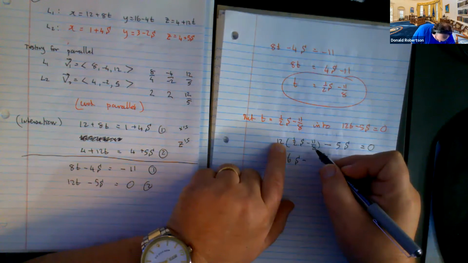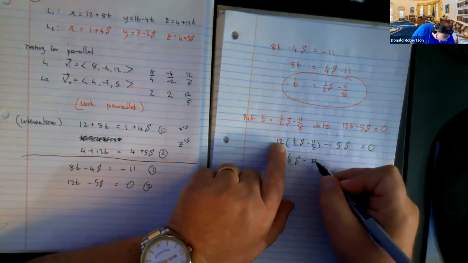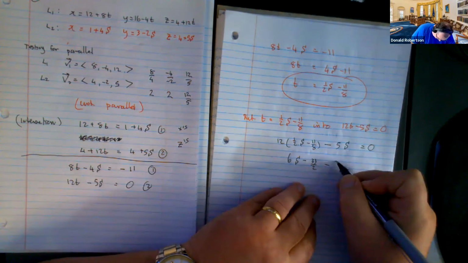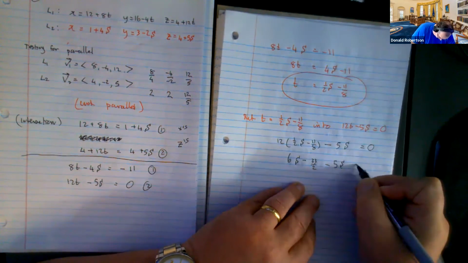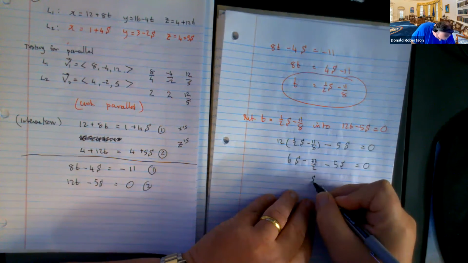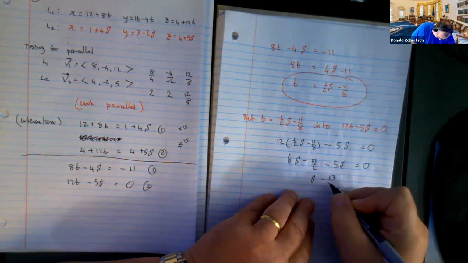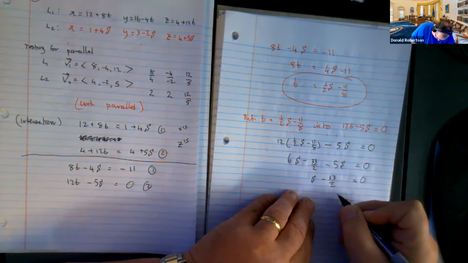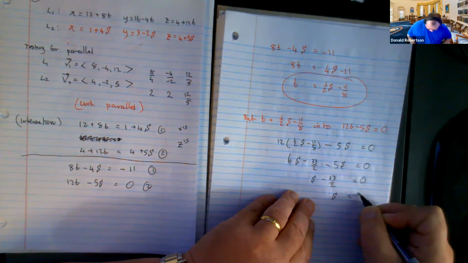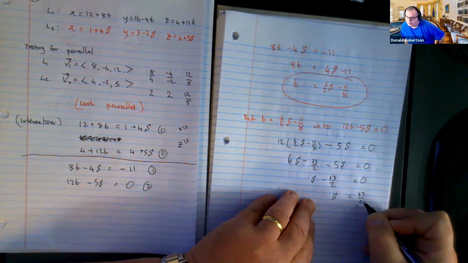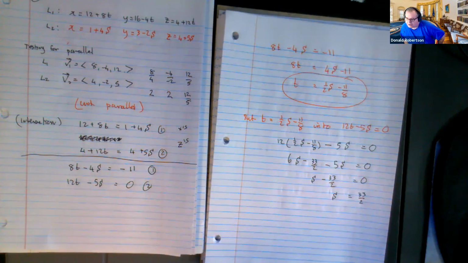That gives me 2 in the bottom. 3, that gives me 33 halves. Take away 5s. So we end up with this looking line, and s is 33 halves. Are you comfortable with the, oh good, I didn't screw up in the numbers. So s is 33 halves.